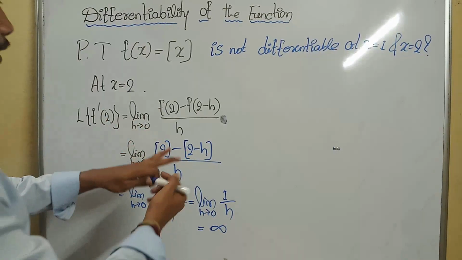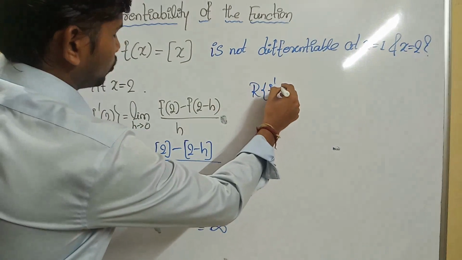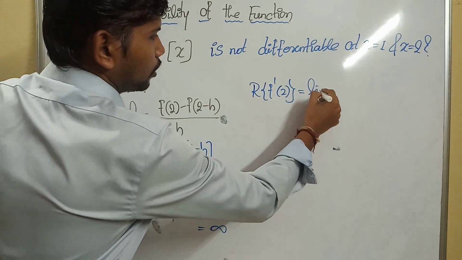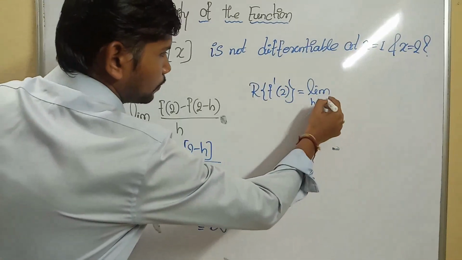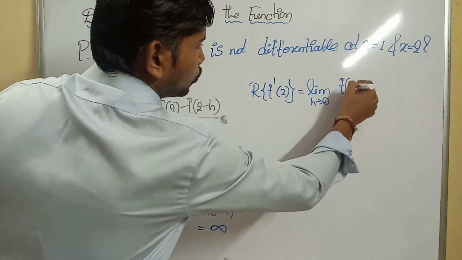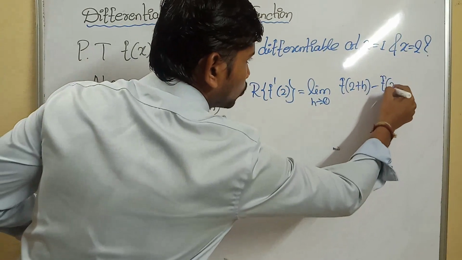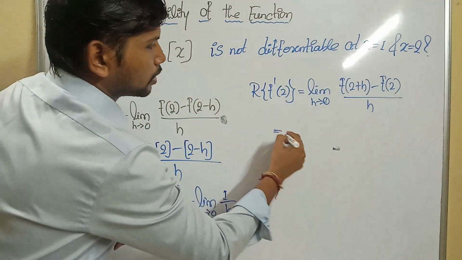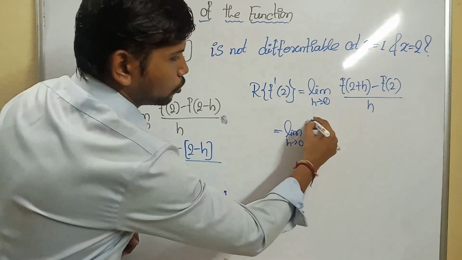In a similar way, we need to find r of f dash of 2. It will be the limit as h tends to 0 of f of 2 plus h minus f of 2, divided by h. What is f of 2 plus h?